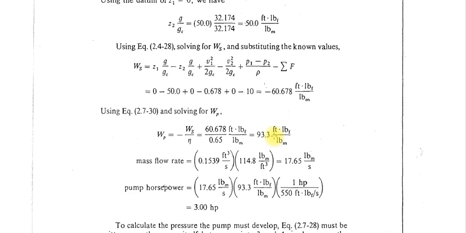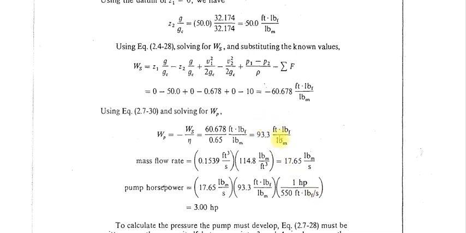Now you have to convert it into horsepower. For converting into horsepower, first you have to calculate the mass flow rate. So just multiply the volumetric flow rate by the density, it will convert to the mass flow rate, and multiply the mass flow rate by this energy requirement, and by the conversion ratio of 1 horsepower to ft lbf per second.